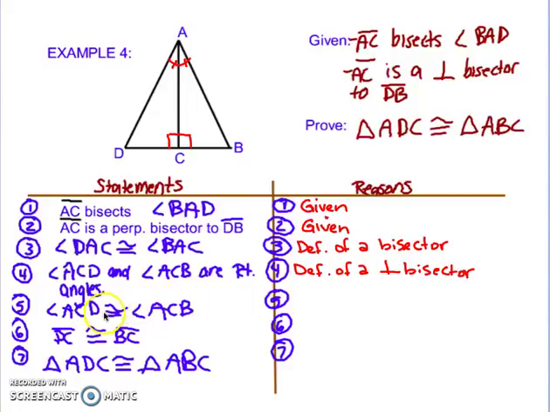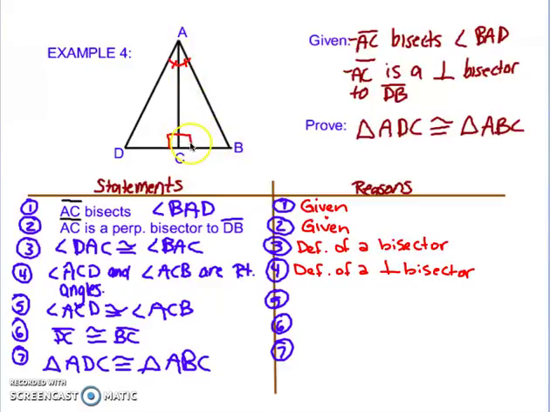And for our next statement, angle ACD is congruent to angle ACB. So again, angle ACD is congruent to angle ACB. So if we look up here, we've got ACD, and we can see here that we've got a right angle, congruent to angle ACB.